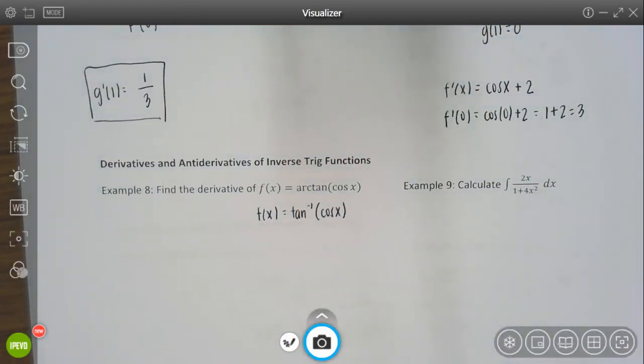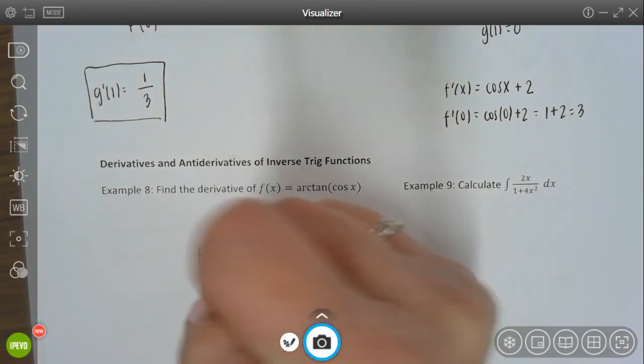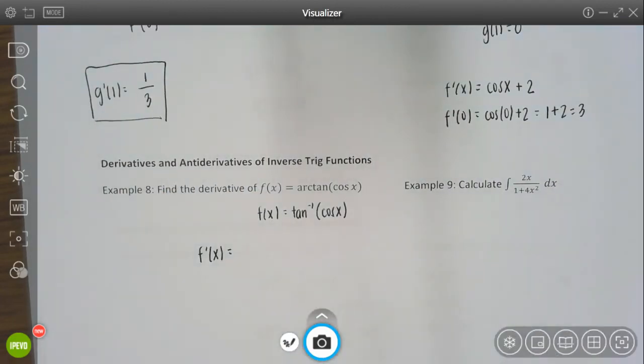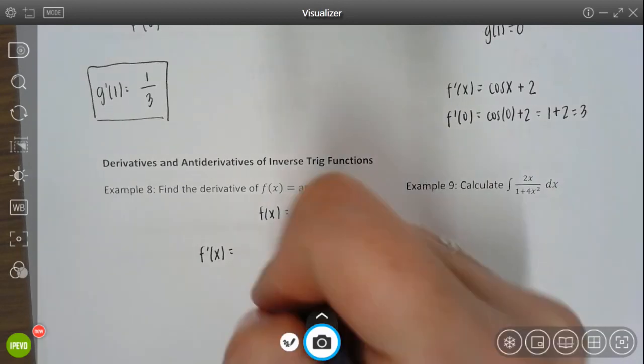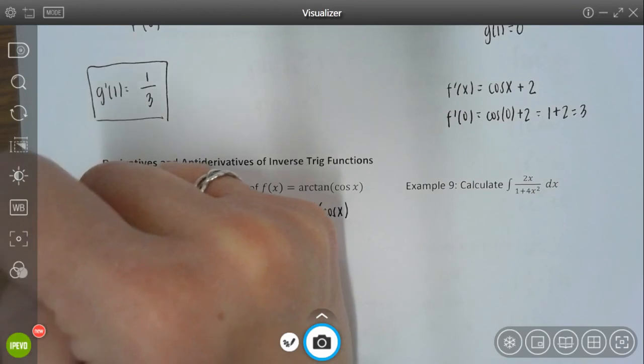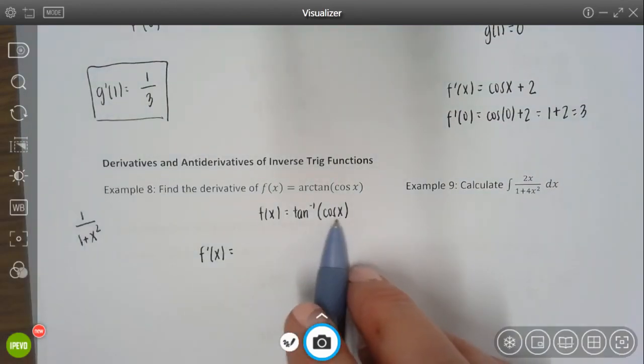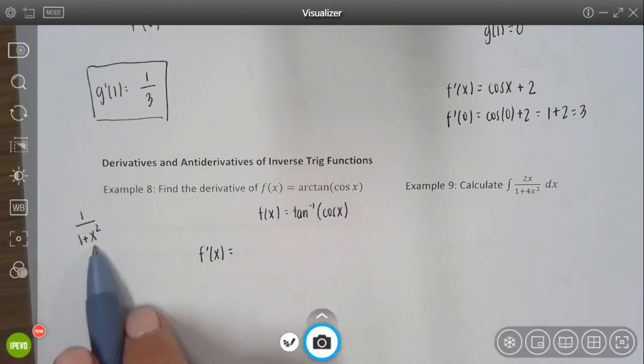So my initial setup here is going to be to use the inverse tangent formula, which is 1 over 1 plus x squared. That's the derivative of the inverse tangent. But remember that when there's something on the inside of the parentheses, that's what we're treating as x. And if it is not just x, we also need to use the chain rule.